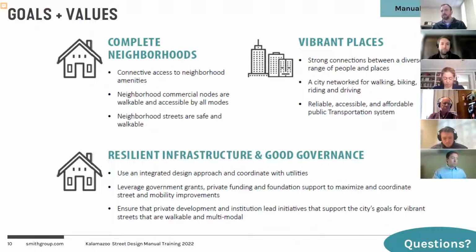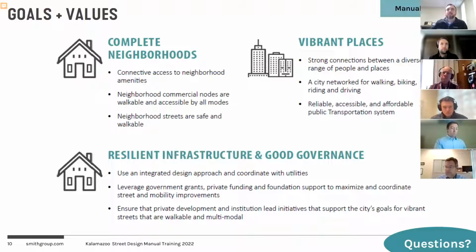One thing that I think this guide reflects too, as a city, is that it is not only what's being done in our right of way, but also realizing that land use is a big part of this, and that those two elements, the street and the land use around it, can't be separated, and we want those to work together.